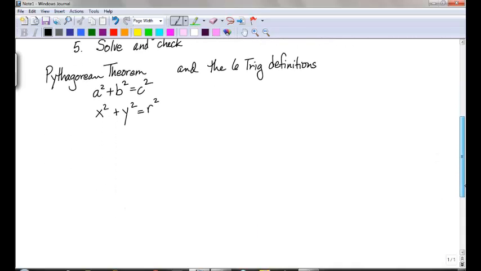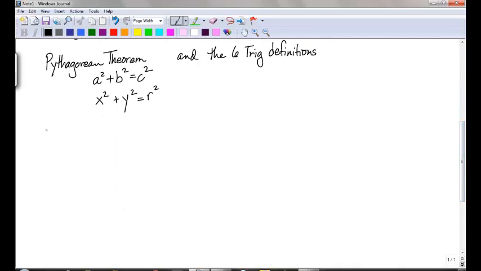Now when you're solving right triangles, here's another thing to star. Always use the given to solve for the unknowns.